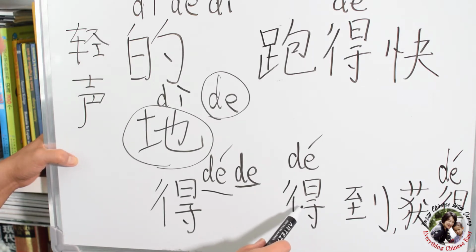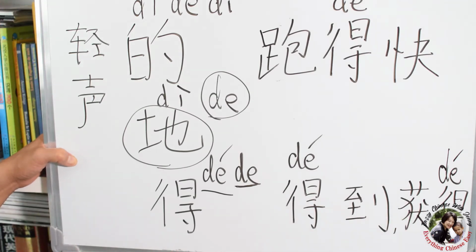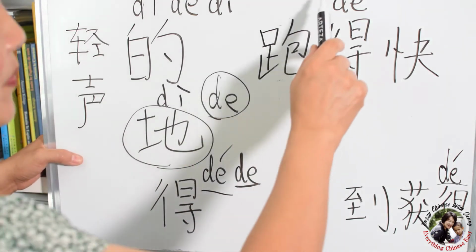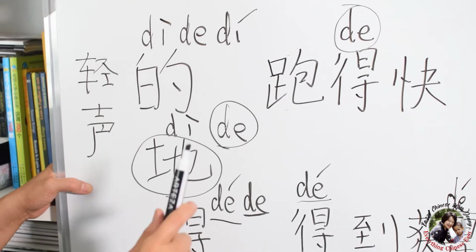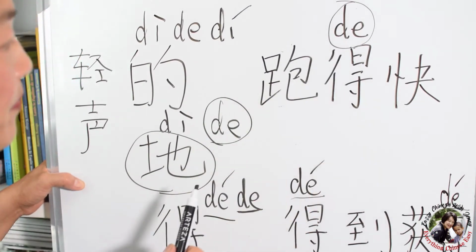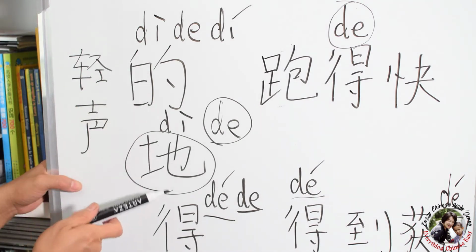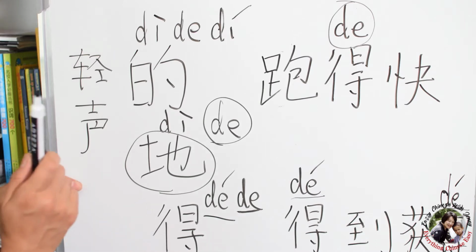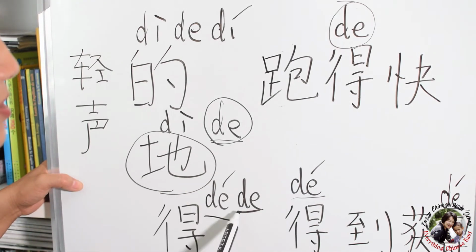Some like 得到, 获得. 得 always means you receive. But when you use it as a structural word, the pronunciation is a light tone. See the common between these three characters, when it is a structural word, it's always the light tone.